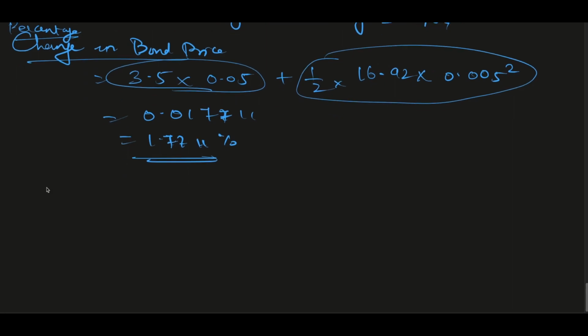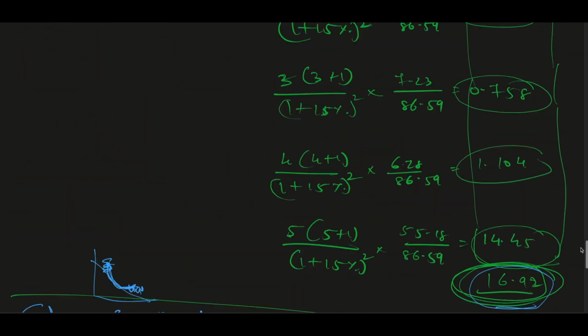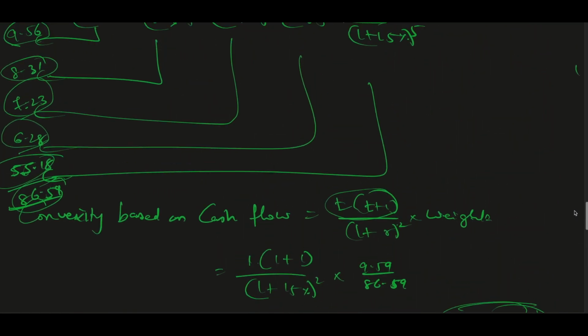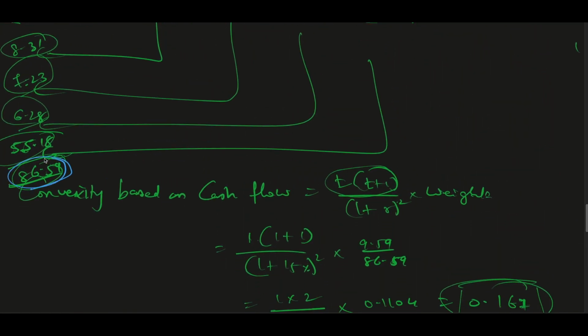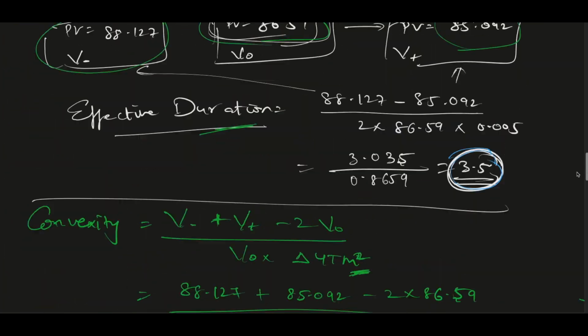And so the new price of the bond is equal to, earlier it was 86.59, correct? Earlier it was 86.59, that's the present value.